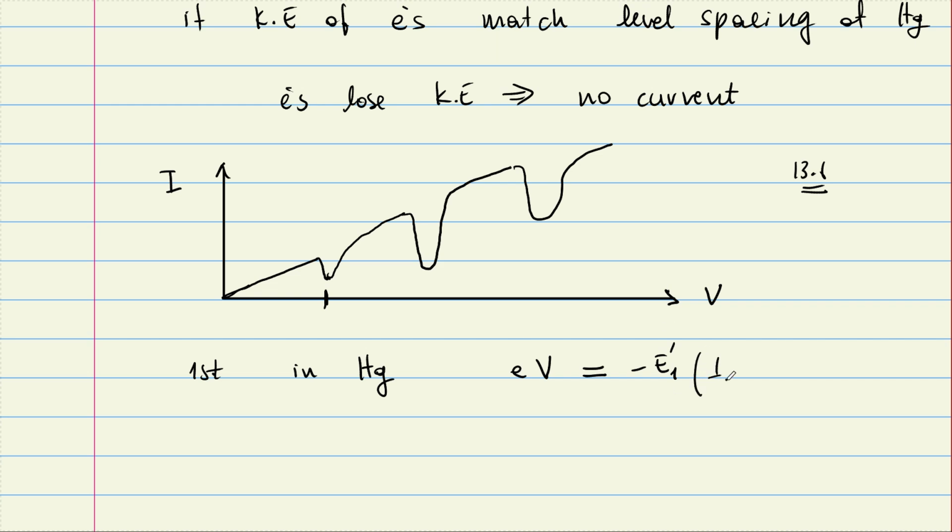But it is going to be 1 over n1 squared minus 1 over n2 squared, and we don't care about this, it is something like 4.6 eV, right? And exactly, if you look here, this is going to be 4.9 eV.